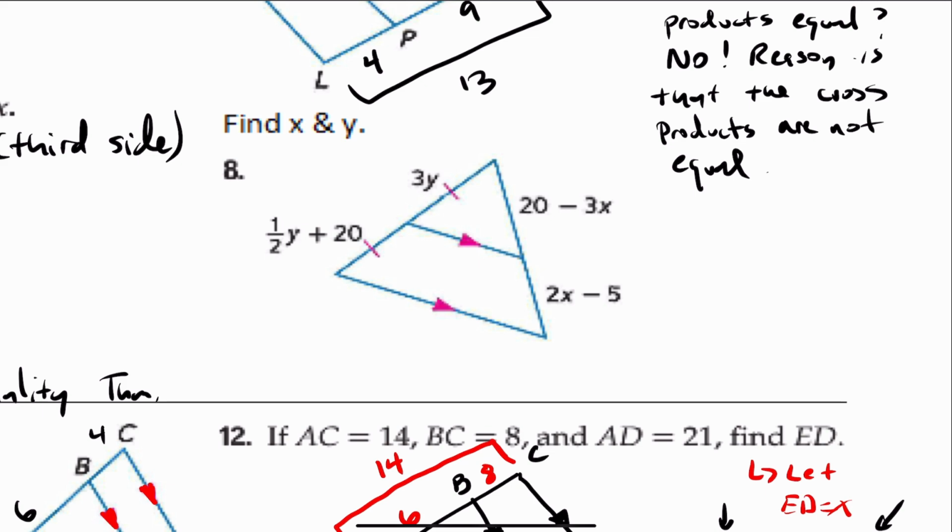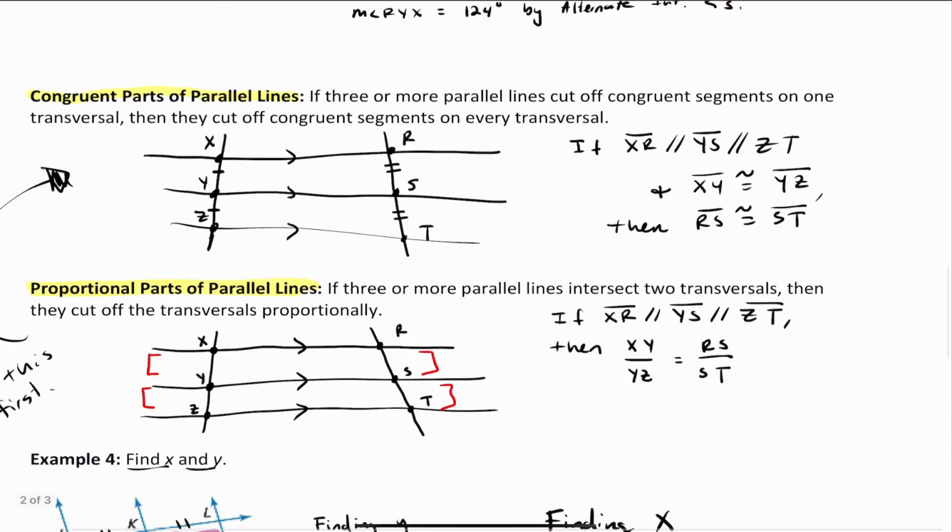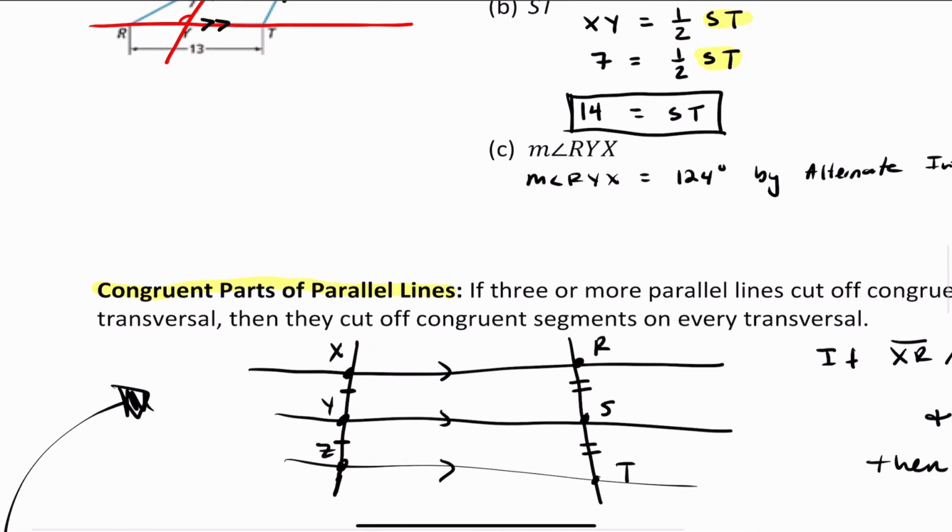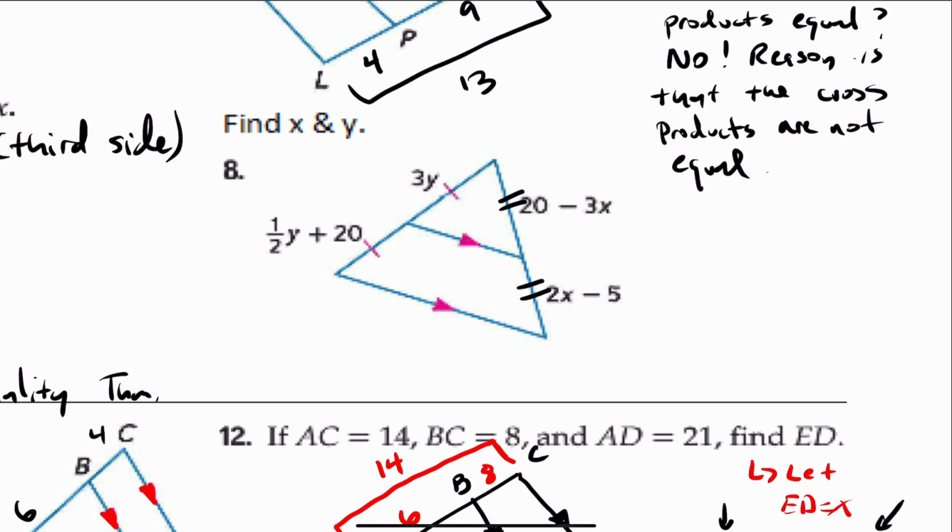So when you have parallel lines and two congruent marks, right, that means that these two segments here, 1 and 1, are congruent. So these two segments are congruent. That is pretty much this theorem here, the congruent parts of parallel lines.